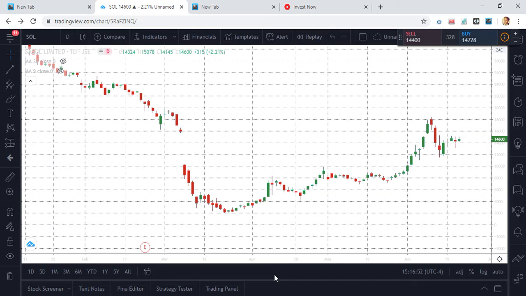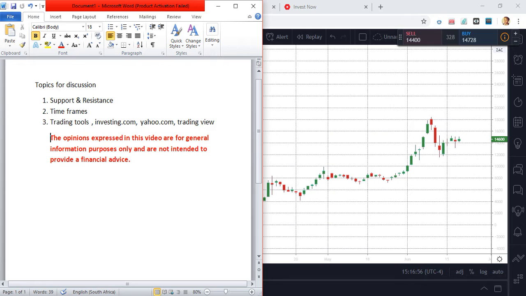So today I want us to focus on the fundamentals, or the basics, that each trader should have when analyzing the market. As you can see on the screen, we will be talking about support and resistance, multiple time frames, and then the trading tools that you should have.